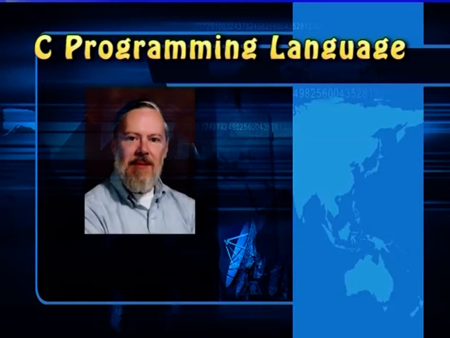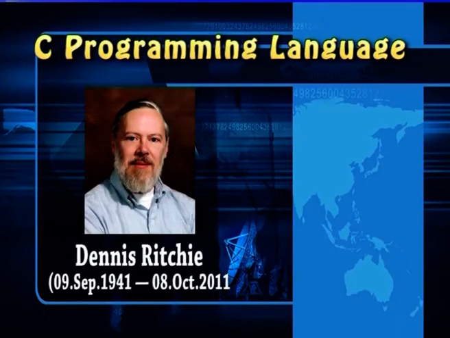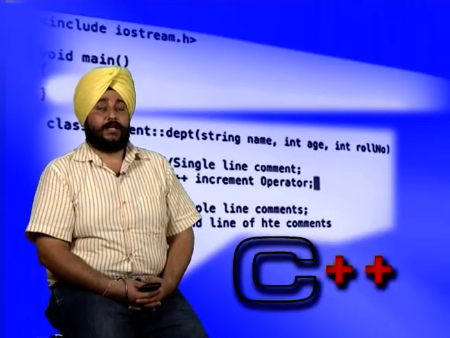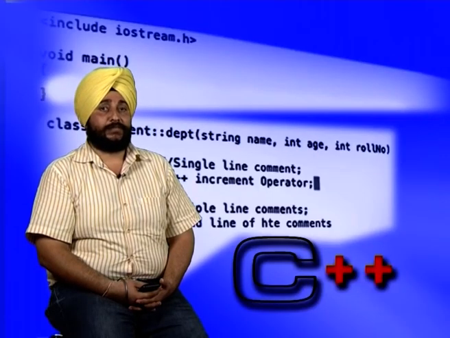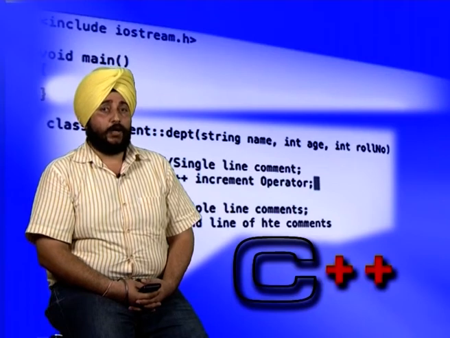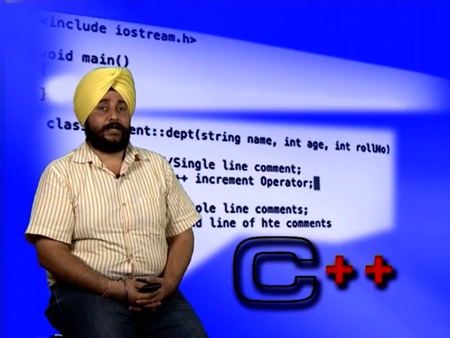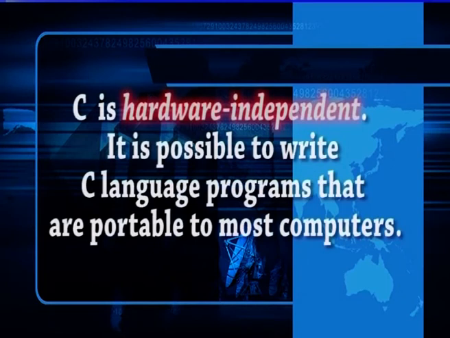The C language evolved from B by Dennis Ritchie at Bell Labs in 1972. C uses many important concepts of BCPL and B while adding data typing and other features. C language is hardware independent. It is possible to write C programs that are portable to most computers.